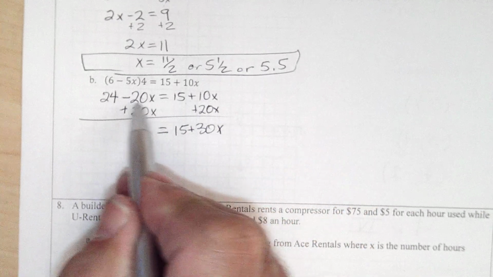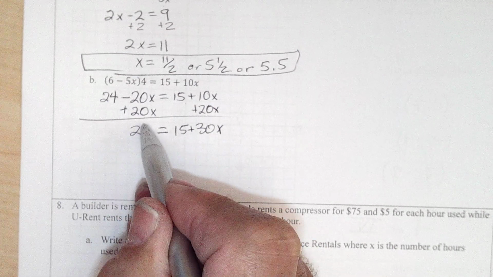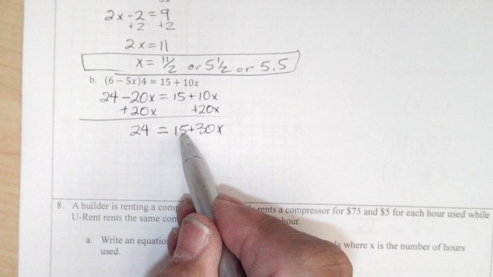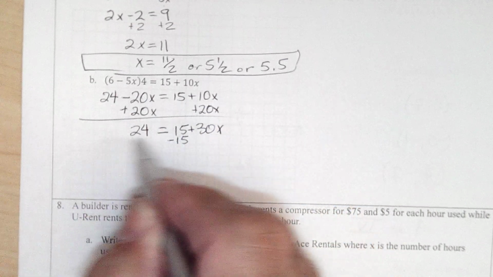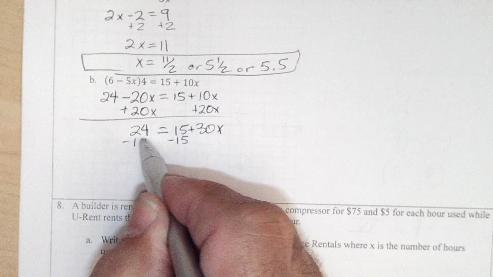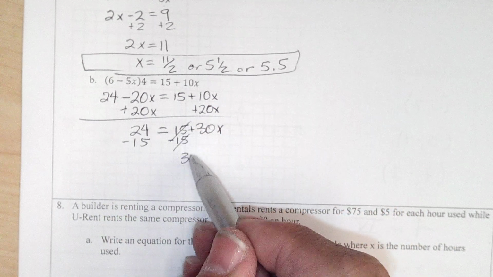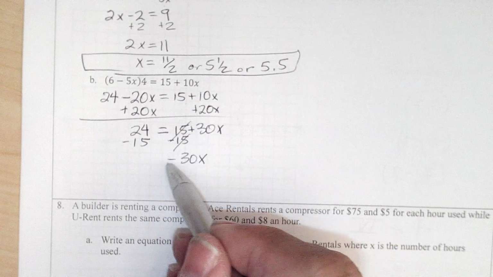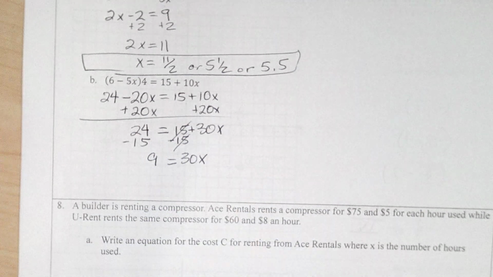equal to, these are gone, and so it's just 24. And so to move the 15 off of here, I'm going to subtract 15 from both sides. And that gets rid of that, and I get 30x is equal to 9.